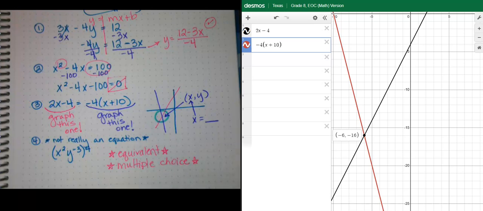And if it says equivalent in the question and it's multiple choice, then you can use your little trick.